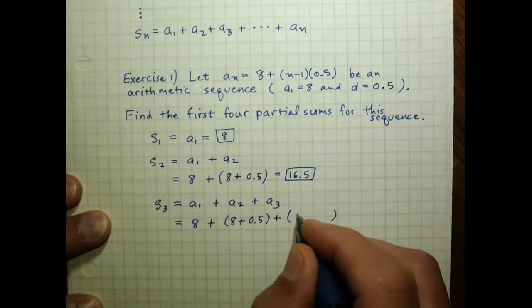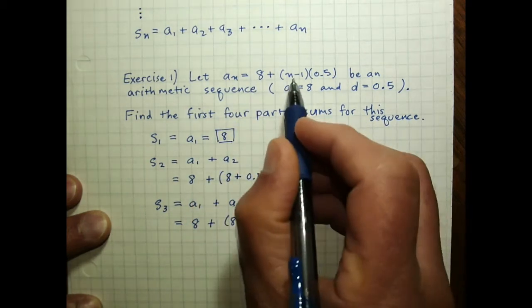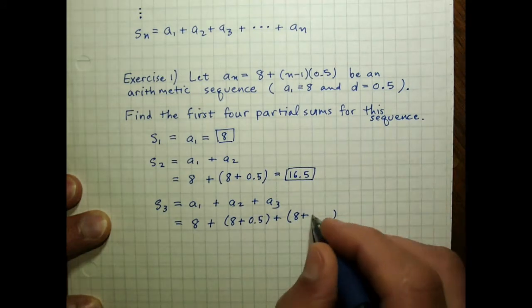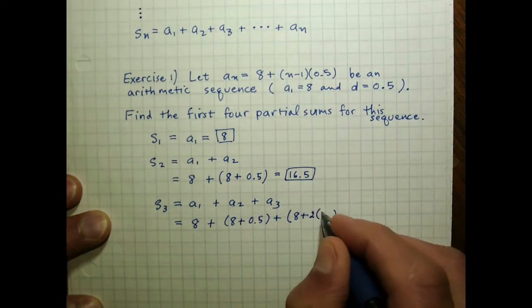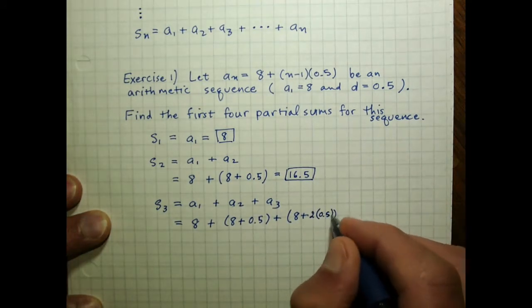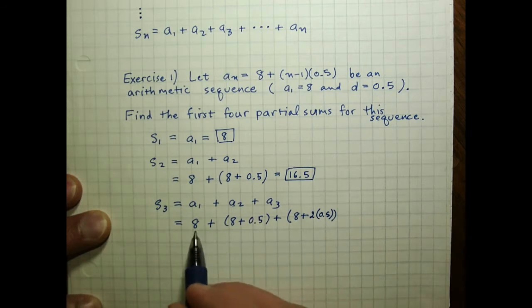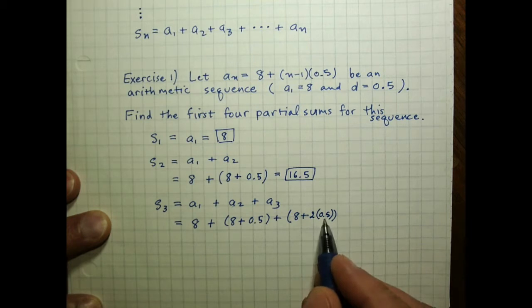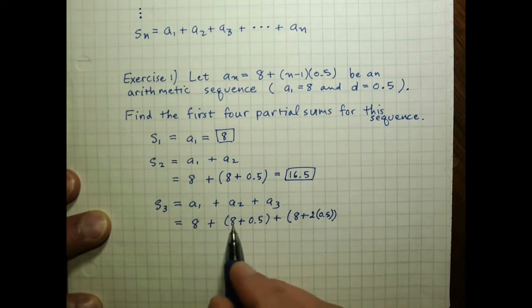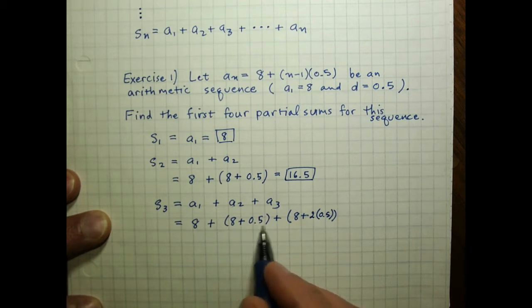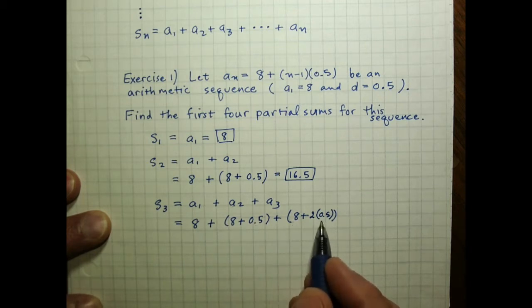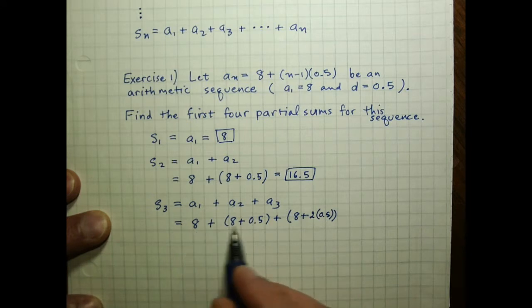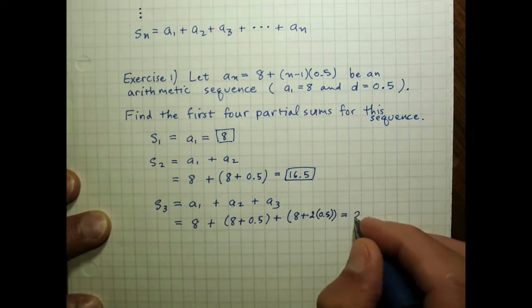I'll get 8 plus something, right? 3 minus 1 is 2. I get 2 times 0.5. And now I'm going to add all this up. Now, 2 times 0.5 is just 1 whole. So I have 8 plus 8 plus 0.5 plus 8 plus 1 whole. That's going to be 3 eights is 24, 25.5, 25.5.